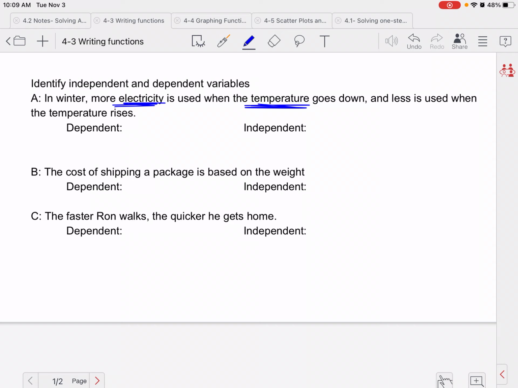So the more electricity I use depends on the temperature, right? So the electricity is my dependent, okay, because that depends on how much the temperature is changing, right? And my temperature is independent. And you can think of it too, like we have no control over the temperature outside, right? But we do have control over the amount of electricity we use, okay?